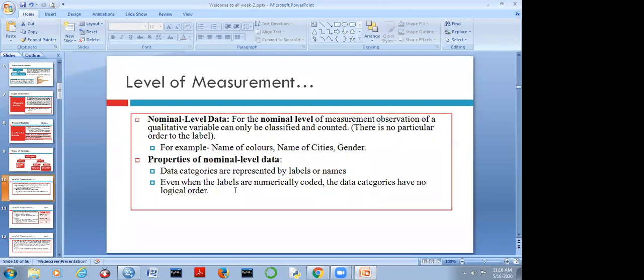And it is required to understand because on the basis of level of measurement we can understand which statistical tool to use. क्या यहाँ पे हमें एक percentage लगाना है, क्या हमें मीन लगाना है, क्या हमें मोड लगाना है, क्या हमें कोरिलेशन लगाना है, which statistical tool should we use.